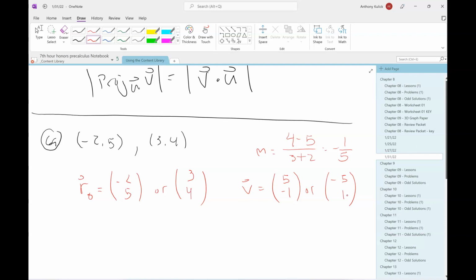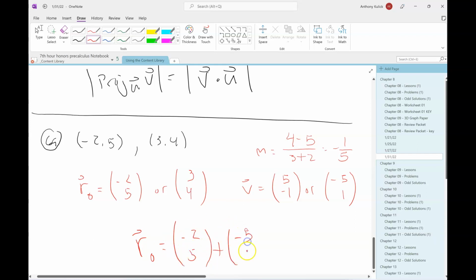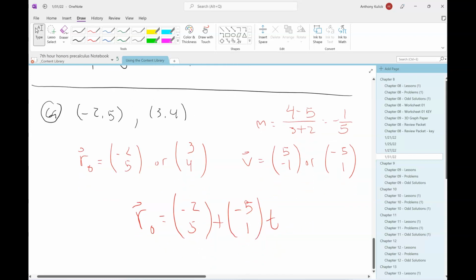It doesn't matter where the negative sign is. So for example, my vector line equation could be this. I think there's 4 possible answers that you could combine, but you don't have to list all of them. One is fine.